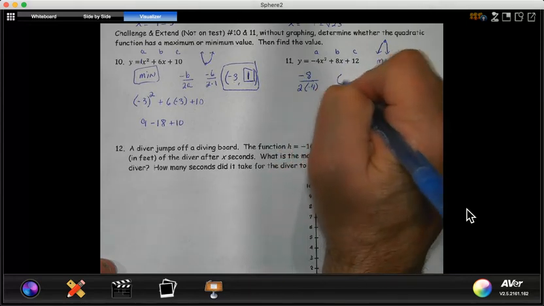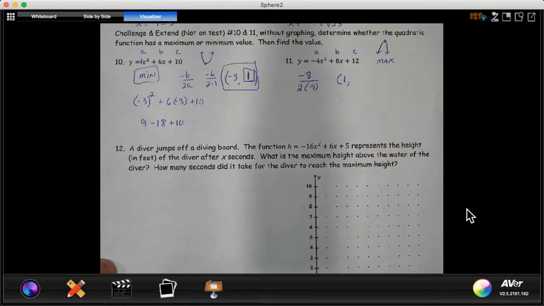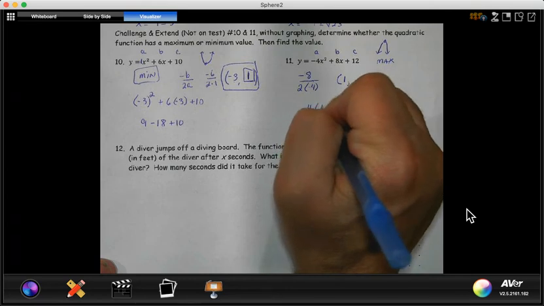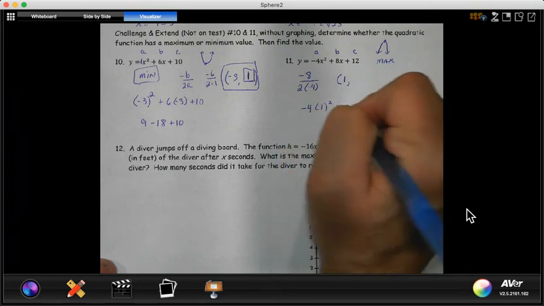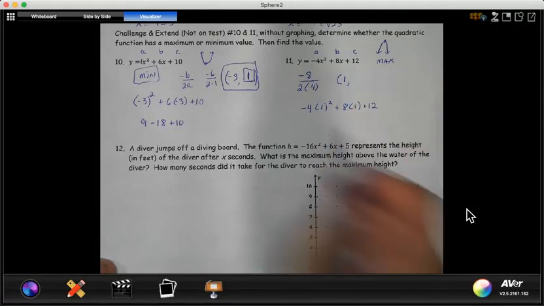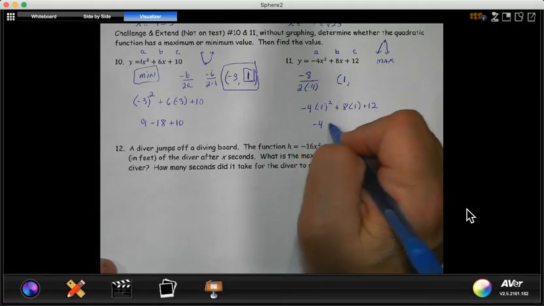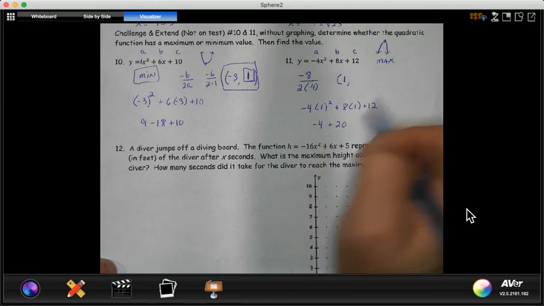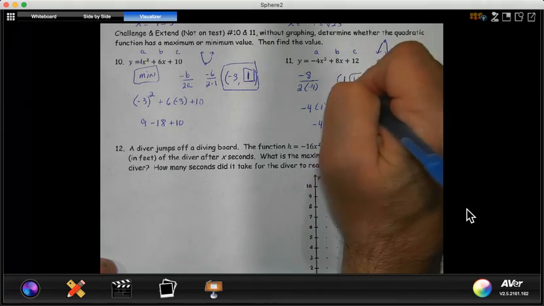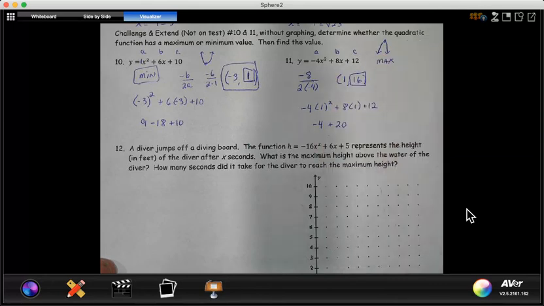So the x coordinate of my vertex is 1. Now I take 1 and plug it in. Negative 4 times 1 squared plus 8 times 1 plus 12. That's negative 4 plus 20, so that's 16. So there's my maximum value.